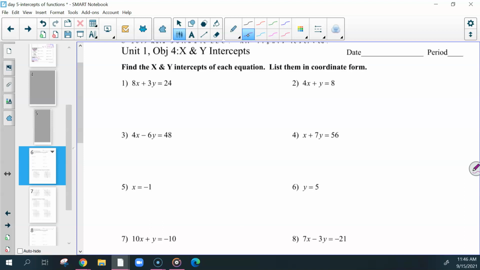X-intercept, put 0 in for y. That's going to become 0. Solve for x. Divide by 8 on both sides.